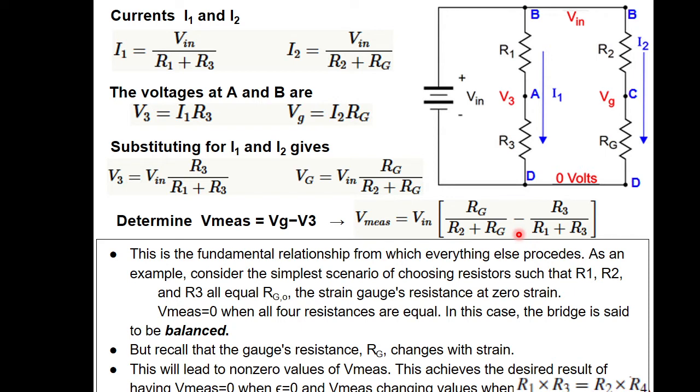Clear, right? So this fundamental relationship is clear. When this is 0, it is called balanced, which is a necessary condition. That is why all Wheatstone bridges need to be balanced at the beginning of the experiment or measurement.